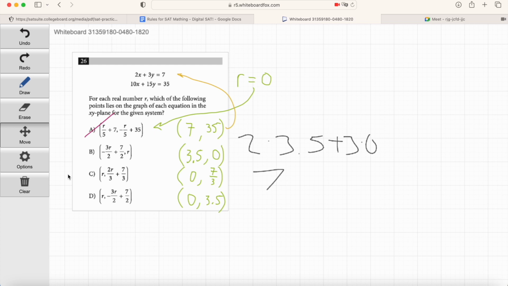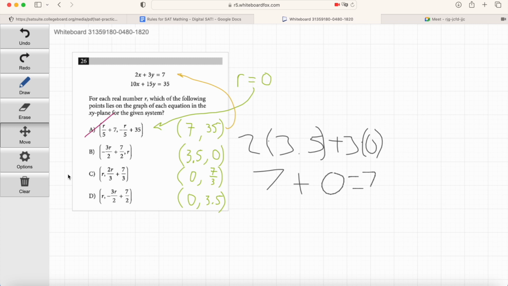I'm going to add some parentheses here just to make it real clear. I love parentheses. I really recommend them. It helps me keep my multiplication distinct from the other operations. That's looking good. True statement for B? Yeah.